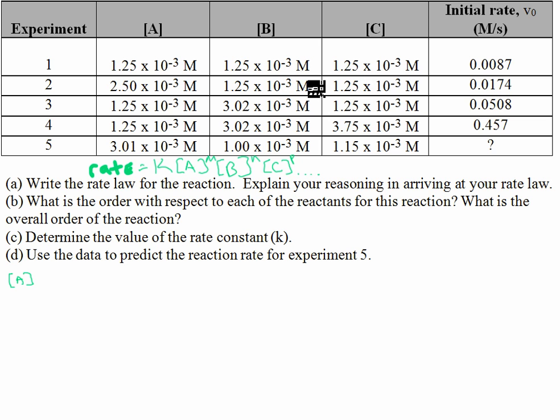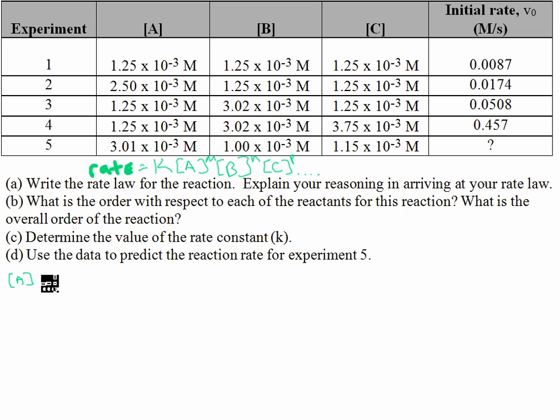That's just a coincidence in this problem, but they have to be the same concentration for B in trials 1 and 2, and the same concentration for C in trials 1 and 2. That means any change that we make to the concentration of A between trials 1 and 2 is going to be what's responsible for the change in rate between experiments 1 and 2.